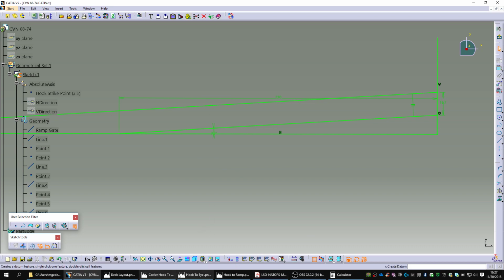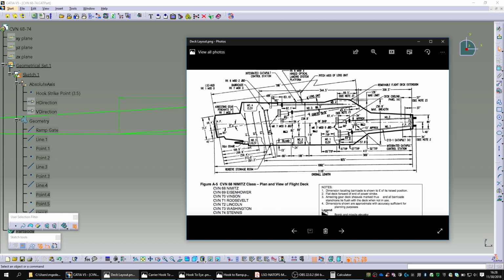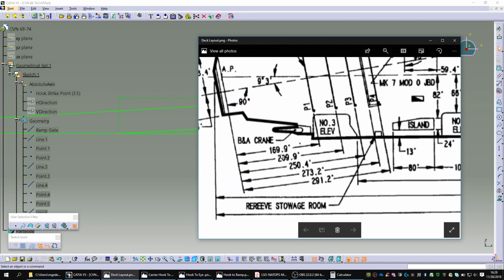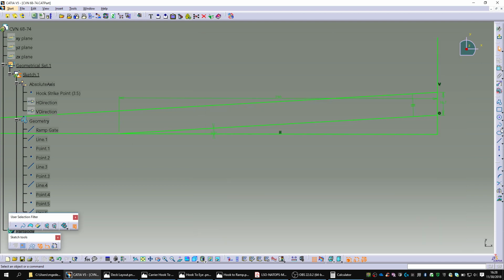But let's start putting in some information relative to the deck. So we know lots of things here. We know where every one of these wires are. So let's start building that in. I'm going to put a point here, somewhere, I don't know, there. And we're going to measure from that point to our ramp point, right?